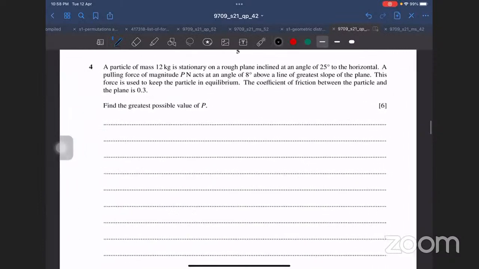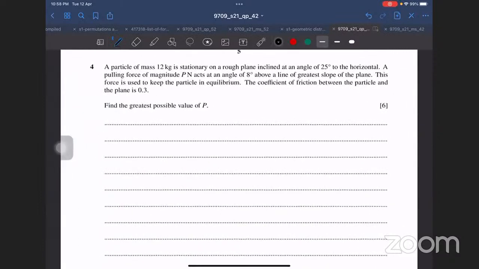Moving on. It says a particle of mass 12 kg is stationary on a rough plane inclined at 25 degrees to the horizontal. P acts at an angle of 8 degrees above the horizontal, above a line of greatest slope.